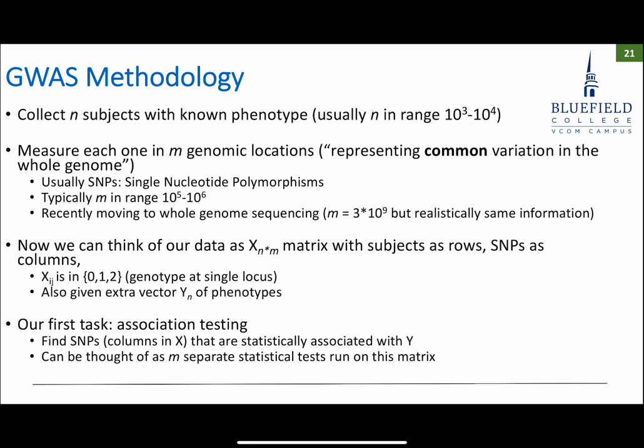Recently, we're moving to whole genome sequencing, so we're using all nucleotides within the genome, which is more than 3 billion nucleotides. Realistically, we don't really gain much information compared with informative SNPs, because most of the nucleotides in the genome are not variable.